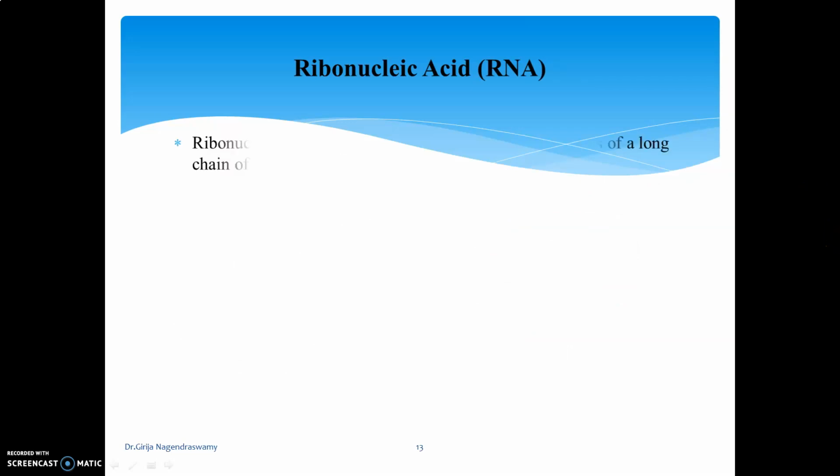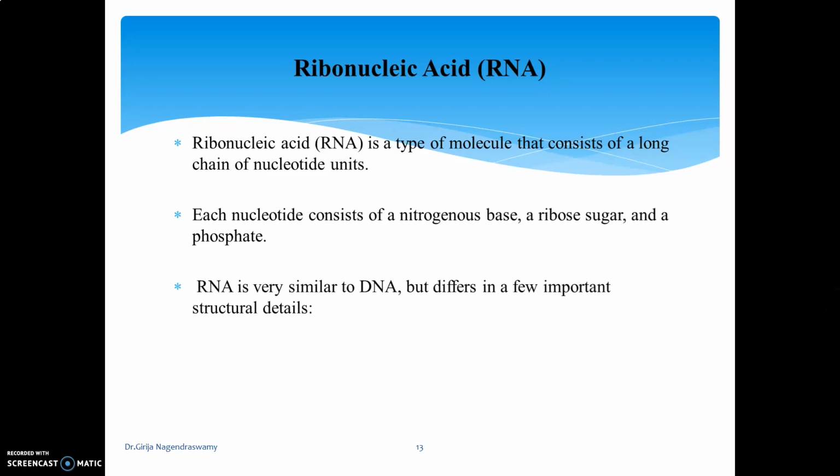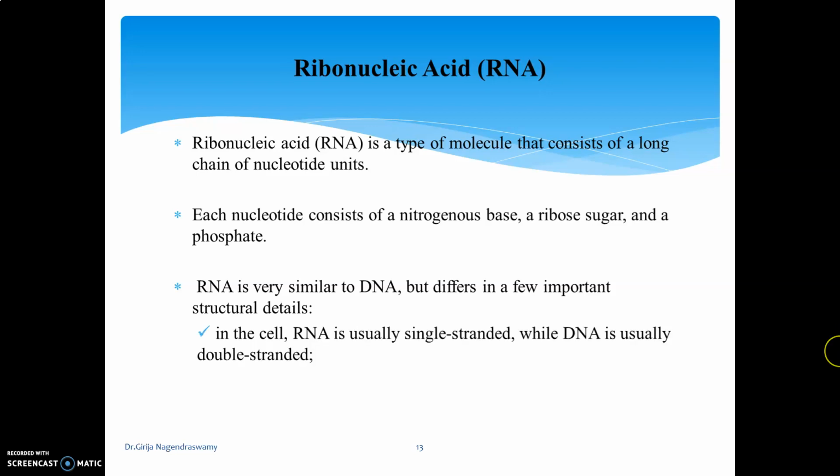Ribonucleic acid. Ribonucleic acid is a type of molecule that consists of a long chain of nucleotide units. Each nucleotide consists of a nitrogenous base, a ribose sugar, and a phosphate. RNA is very similar to DNA but differs in a few important structural details. In the cell, RNA is usually single-stranded while DNA is usually double-stranded.